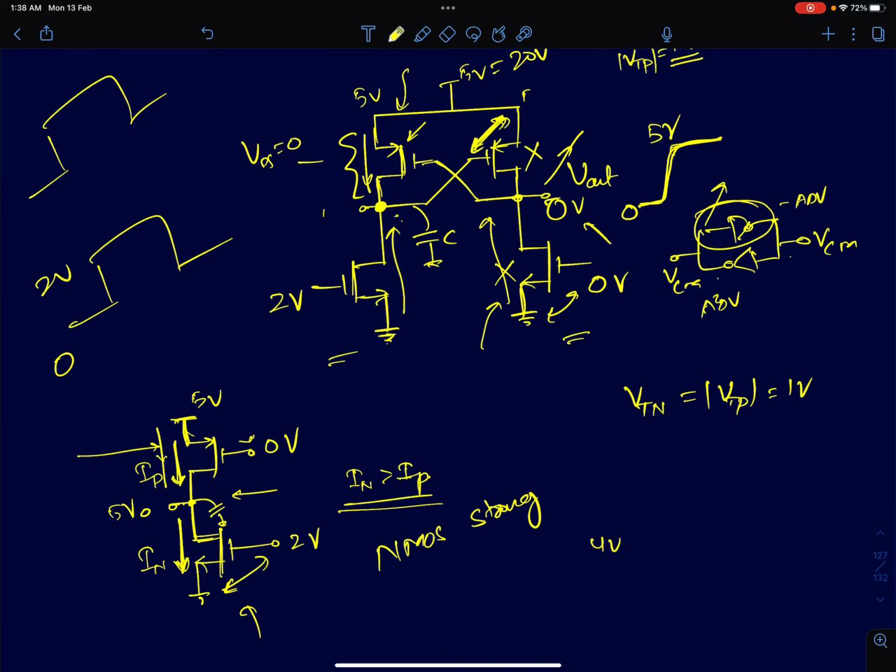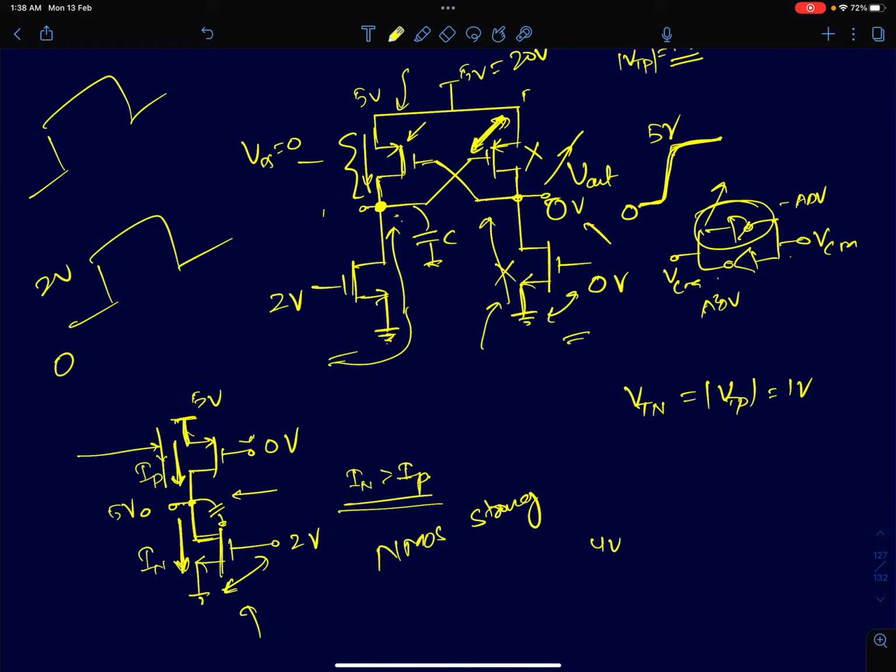Latch will just store its value, whatever value it was initially having. So the input disturbance coming through the NMOS should be strong enough to disturb the latch and reverse its polarity. That's why I have to ensure that the NMOS is strong enough to disturb the latch operation. Therefore, NMOS should be sized stronger than the PMOS.